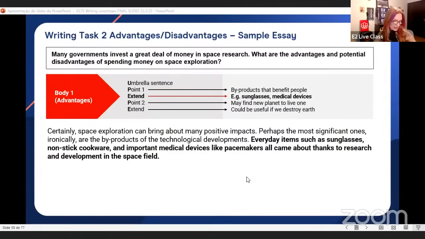Let me just check here. Can we use verily instead? I would not go with that. That's another point that I'd like to clear up here. I know that you may see around people saying, oh, you have to include difficult, complex, and different words. Not really. If we look at the band descriptors, it says accurate and precise vocabulary.